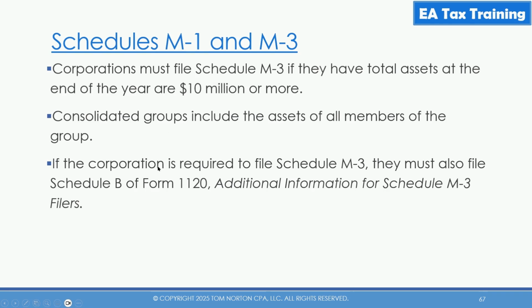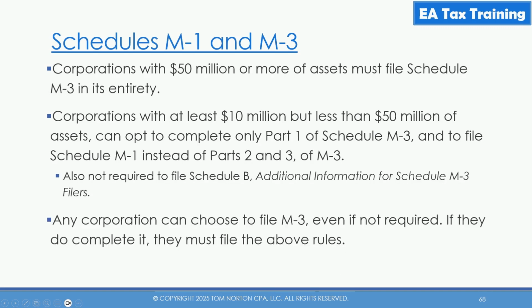If the corporation is required to file the M3, then they must also file Schedule B of Form 1120. On the partnership return, it was Schedule C. On the 1120, it is Schedule B. And again, similar to the partnership rule, corporations with $50 million or more of assets have to file all of Schedule M3.